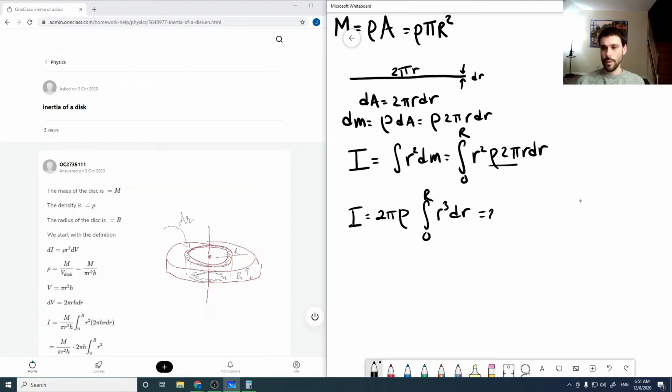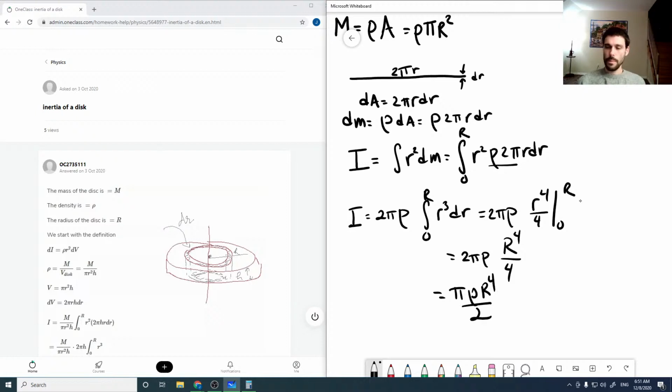So then it's 2 pi rho r to the 4th over 4 from 0 to r. And then when it's 0, it's going to be completely 0, so we just really need the top solution. So 2 pi rho r to the 4th over 4, or pi rho r to the 4th over 2.